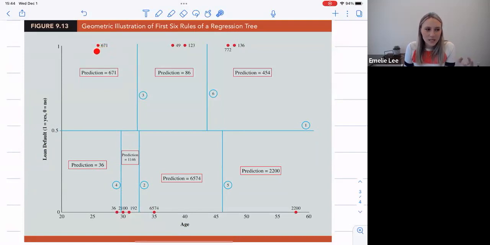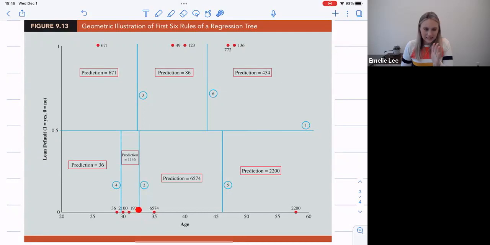And notice that once we have a categorical or binary variable here, then of course all our dots are going to be at 0 or 1, right? Notice that there are no dots in between because there are no options. You either defaulted on your loan or you did not. But that's a nice partition, right? That's a first partition. So the first partition here is if it's less than 0.5, then you're in one group, and if it's more than 0.5, then you're in another group. Okay. And then we partition based off of the age. So the second partition happened here.